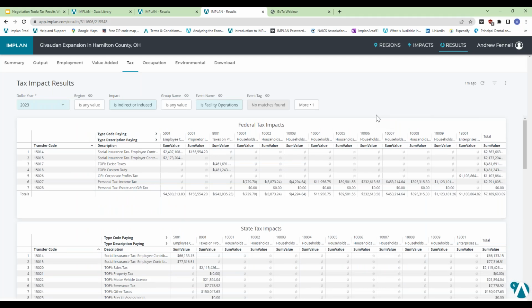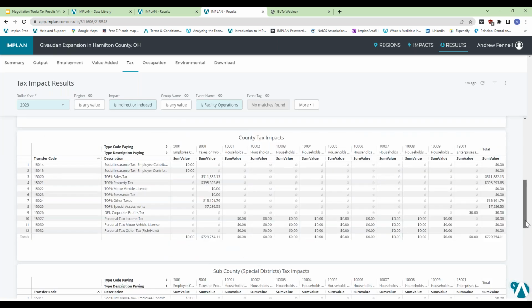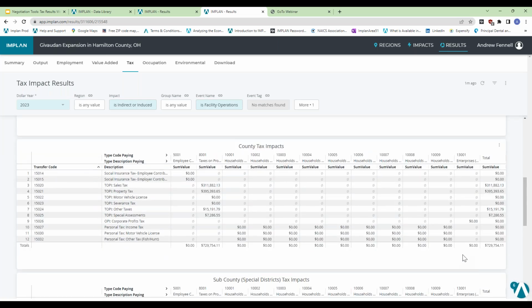Yeah, so what I was saying here is really looking at operations of the business in Hamilton County, Ohio, in this case, our potential move here. When we look at county tax impacts, we have county taxes for indirect and induced impacts.